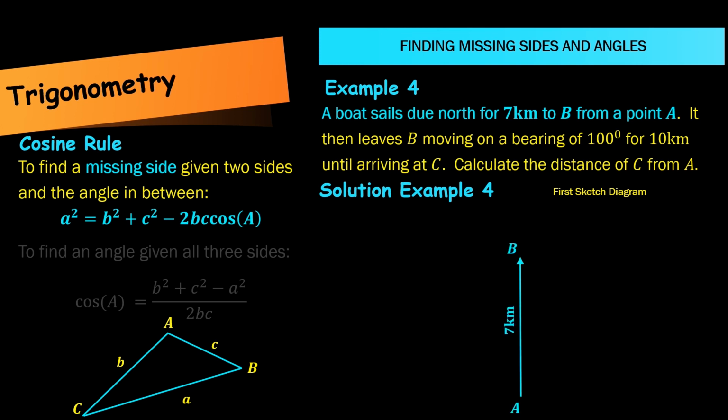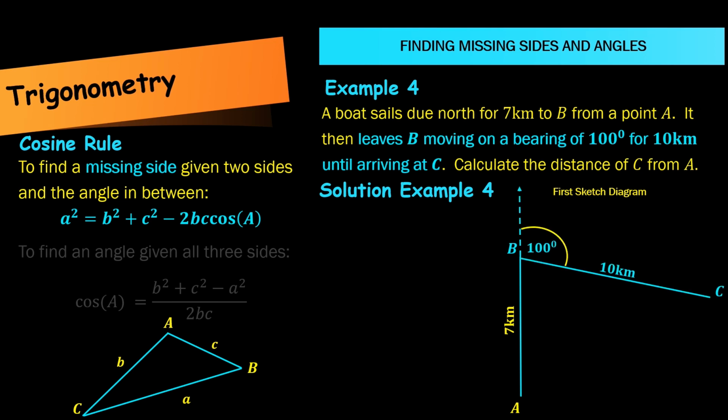It then leaves B, moving on a bearing of 100 degrees for 10 kilometers until arriving at C. So here we have the boat leaving B on a bearing of 100 degrees for 10 kilometers. We are required to calculate the distance of C from A. So this distance highlighted in red at the bottom of the screen.